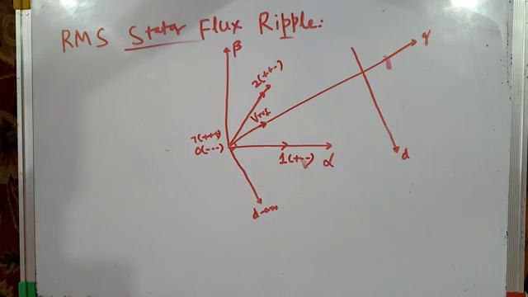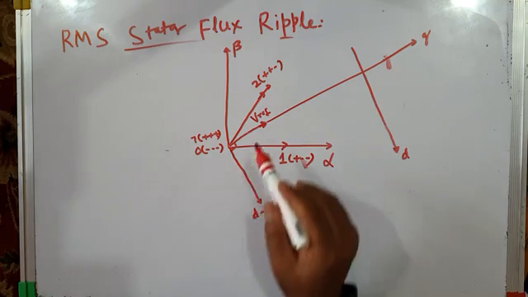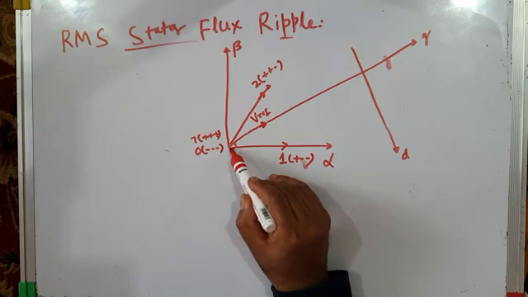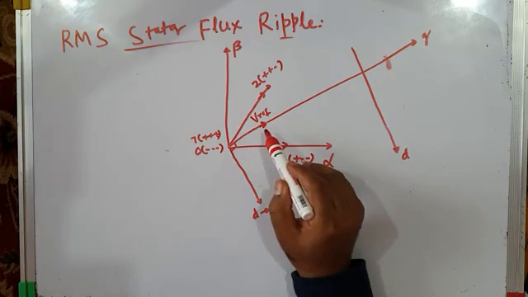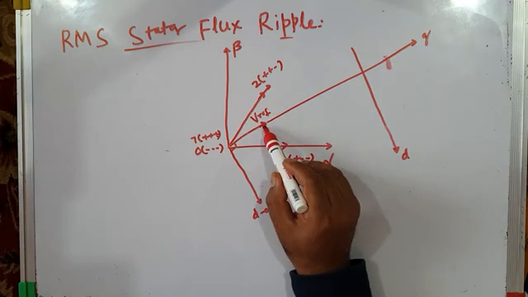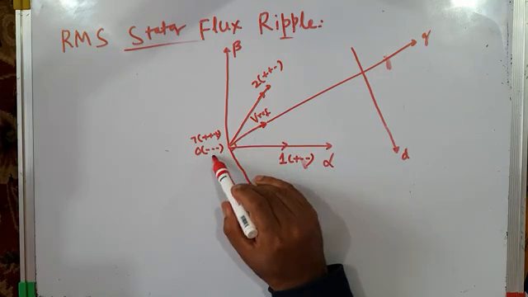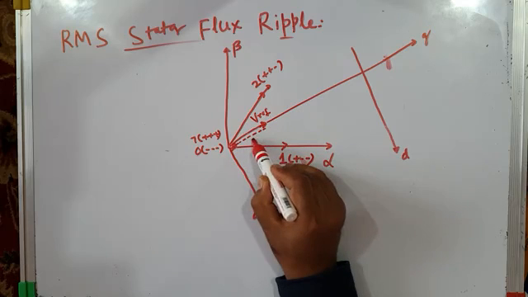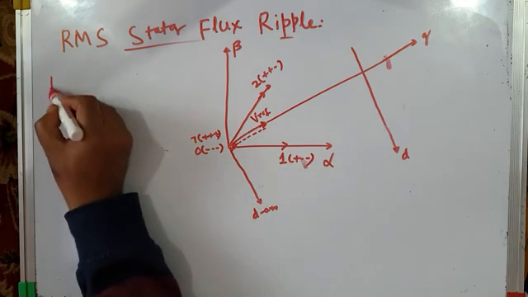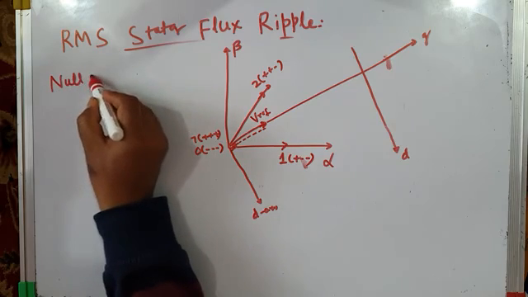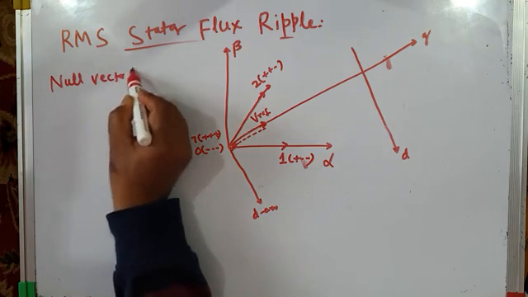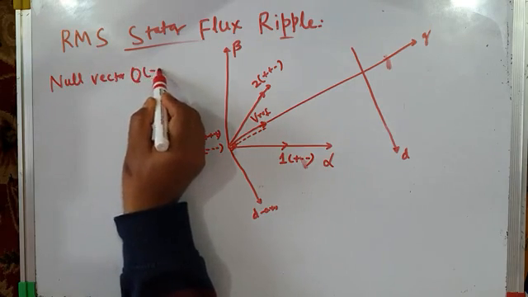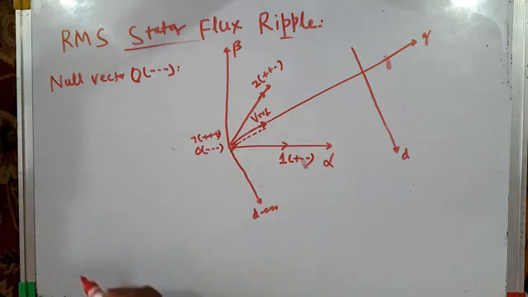Now we already know that when null vector 0 is applied across the load, the desired voltage vector across the load is vref, the applied voltage vector is 0. So therefore there is an error voltage vector. I will write here the null vector 0 with switching sequence minus minus minus is applied.